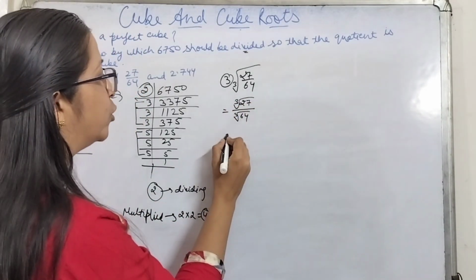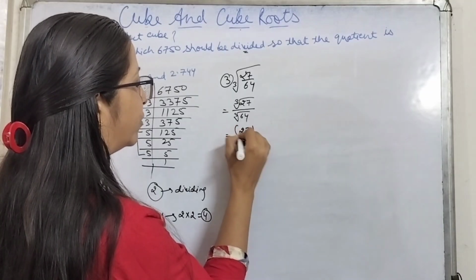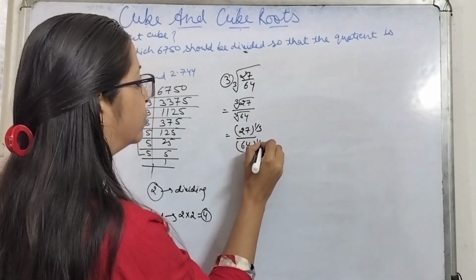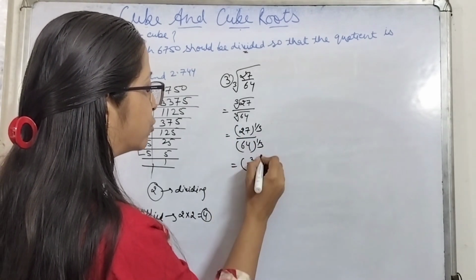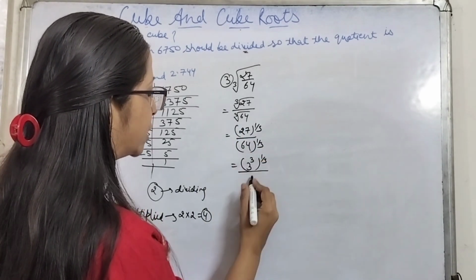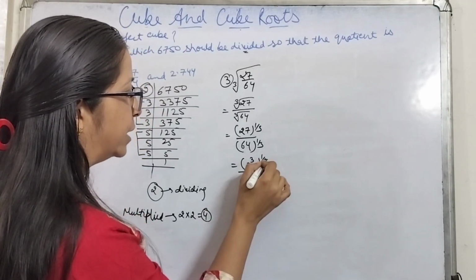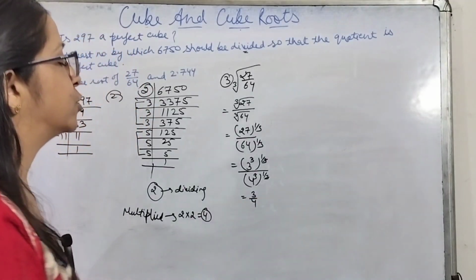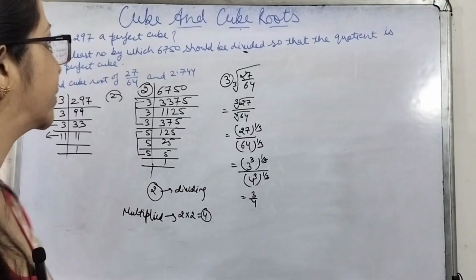We know that the cube root of 27 means 27 raised to the power 1 upon 3 and 64 raised to the power 1 upon 3. 27 could be written as 3 raised to the power 3 whole raised to the power 1 upon 3, and 64 could be written as 4 raised to the power 3 whole raised to the power 1 upon 3. These powers are going to cancel, so it will be 3 upon 4. So the cube root of 27 by 64 will be 3 upon 4.